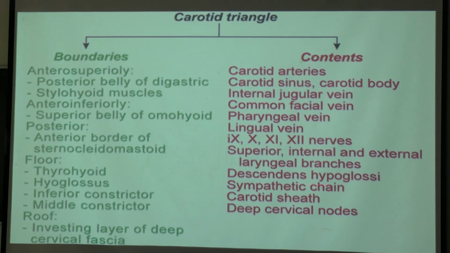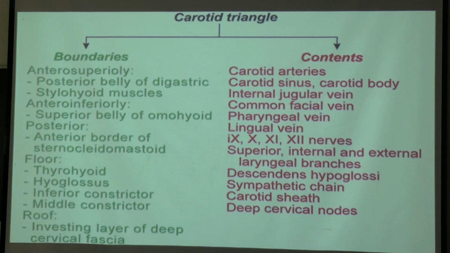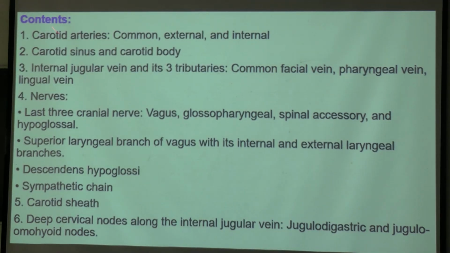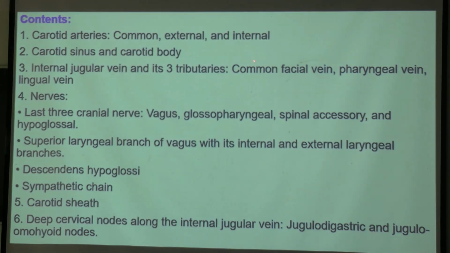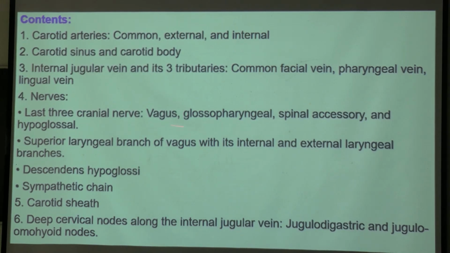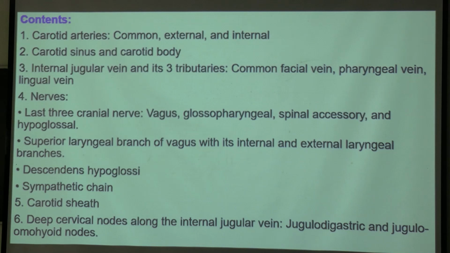Okay, sympathetic chain lies deep to the carotid sheath, and Ansa cervicalis or descendens hypoglossi lies on the anterior layer of the carotid sheath. So contents: carotid arteries, common, external, internal carotid, carotid sinus and carotid body. Internal jugular vein and its three tributaries: common facial vein, pharyngeal vein, lingual vein. Nerves are the last four cranial nerves: vagus, glossopharyngeal, spinal accessory, and hypoglossal nerve.